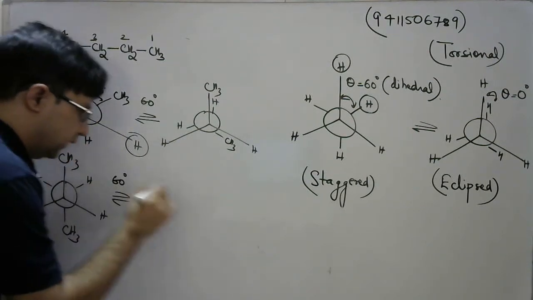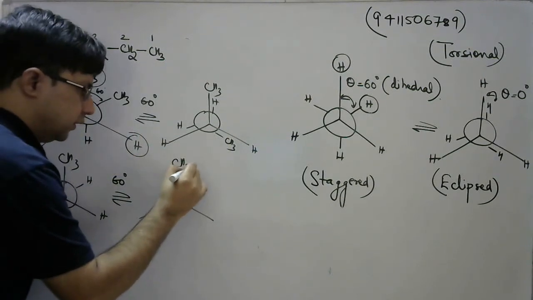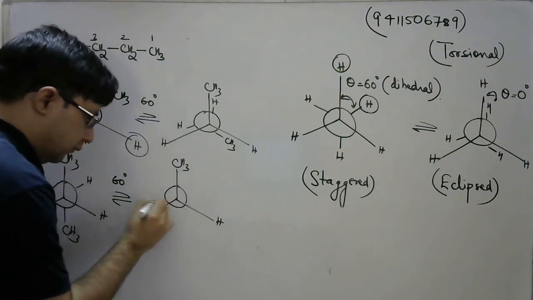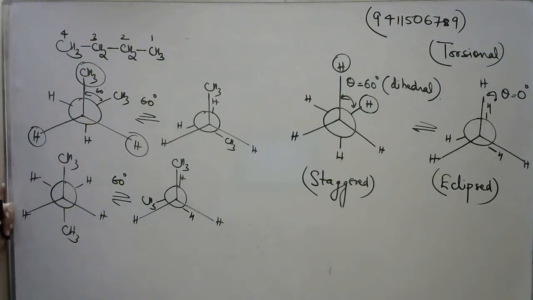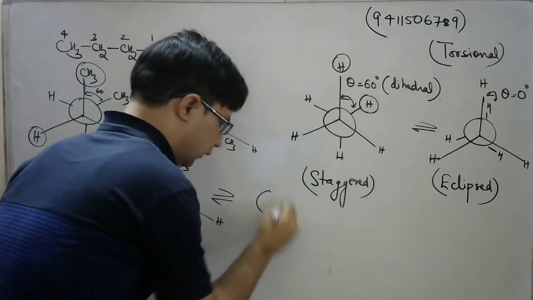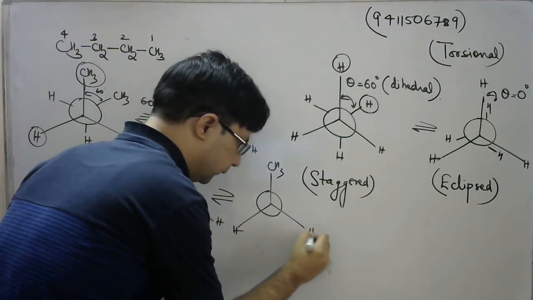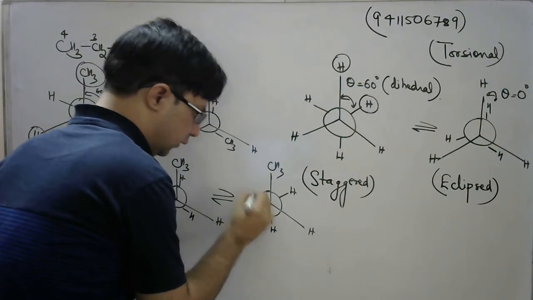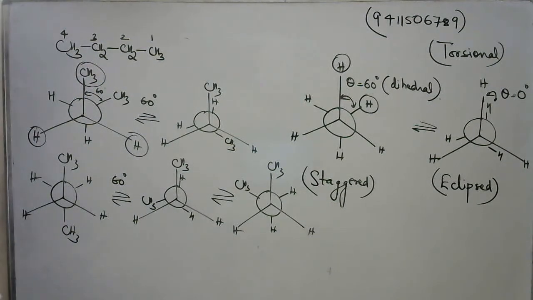Again rotating it by 60 degree, it will be CH3, H, H, another form. Again rotating it by 60 degree will give you another conformer, and that conformer will be H, H, CH3. I think it is clear.